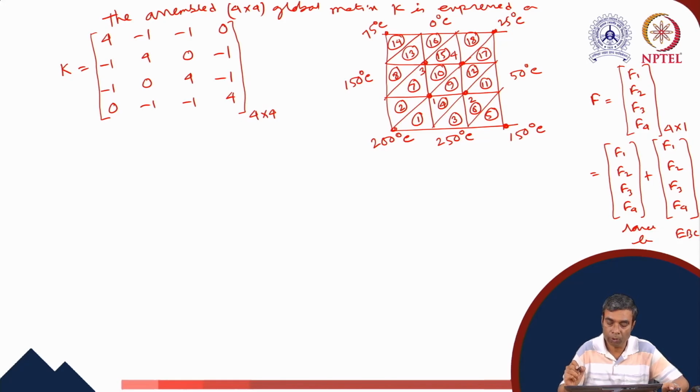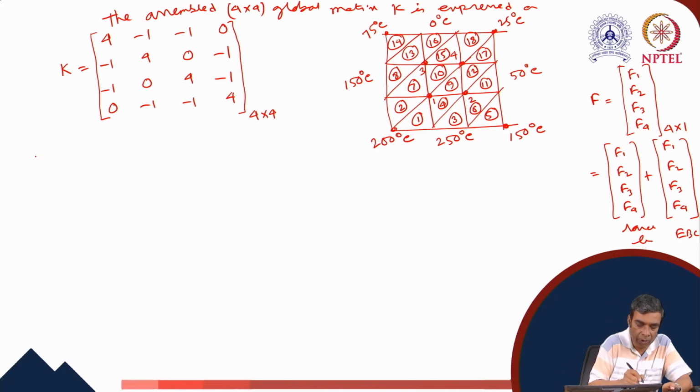Now if we look into the element level contribution for the load vector, we already got Fe equals a square by 6 times 1, 1, 1.